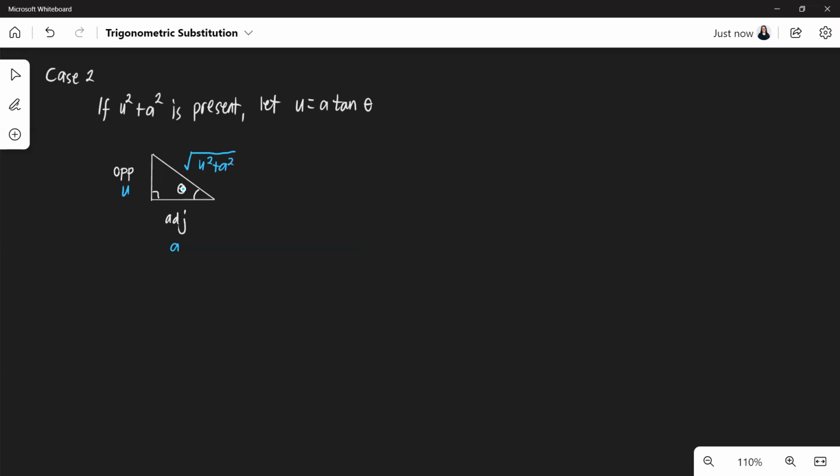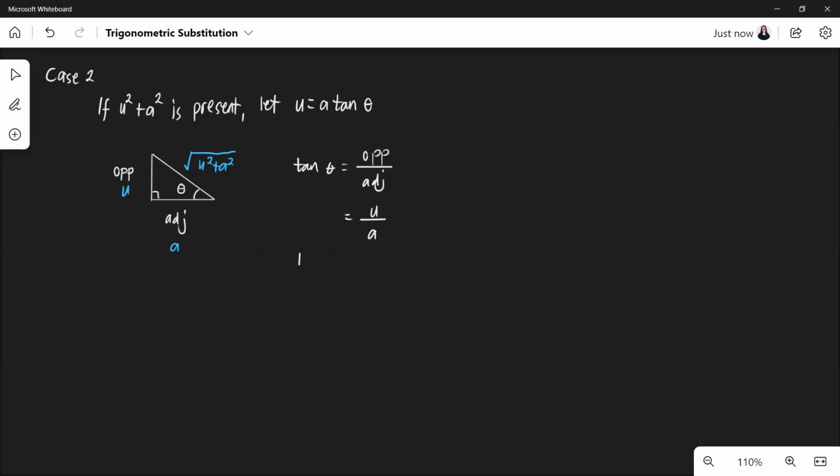If we are going to get the relationship of the opposite and the adjacent side, that's opposite over adjacent, meaning tangent. So tangent is opposite side over adjacent side. The opposite side is u and the adjacent side is a.